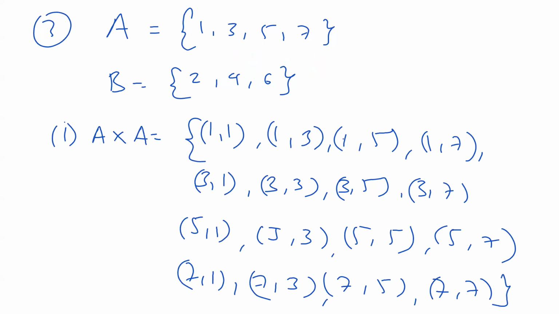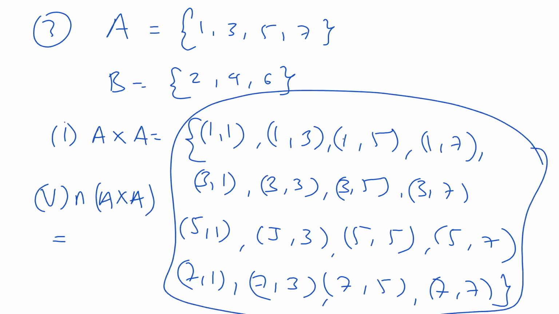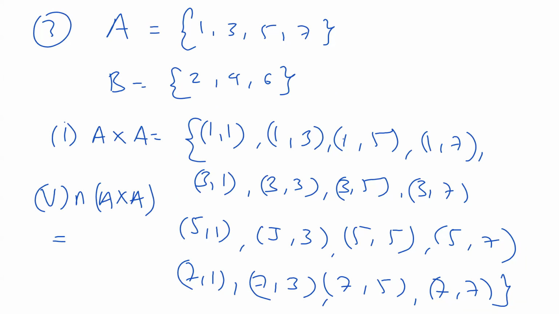So this is the Cartesian product of A with itself. Okay, we'll answer question number 5 in the same slide. In sub question 5, they are asking n of A cross A. So count the number of ordered pairs over here. So that is equal to 16.